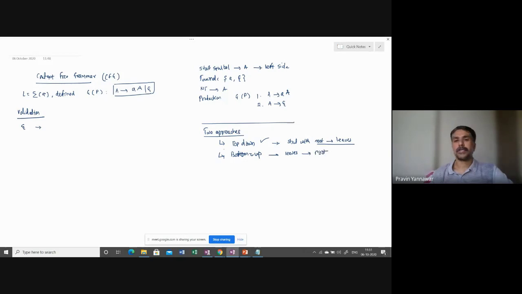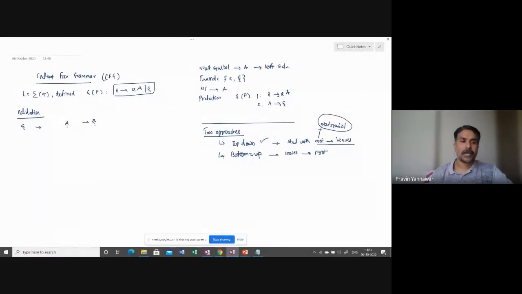So it is likewise. We have to start with the root, and for us, the root must be a start symbol. Here the root is the start symbol. So here we start producing this epsilon word from A. So the question is, what is A?